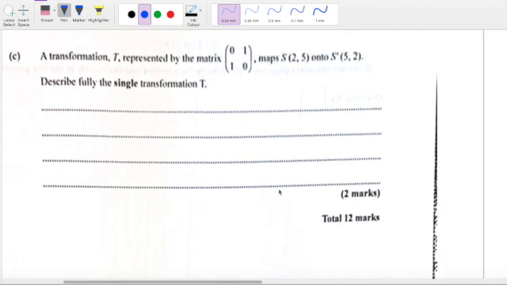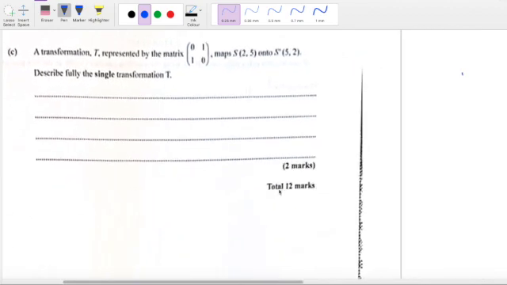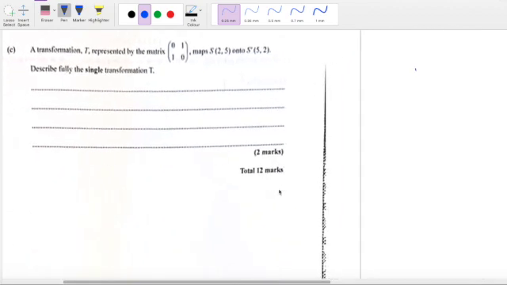The transformation T represented by this matrix maps 2, 5 onto 5, 2. Now, for matrix transformations, there are a whole bunch of matrices that you might find very hard to remember.